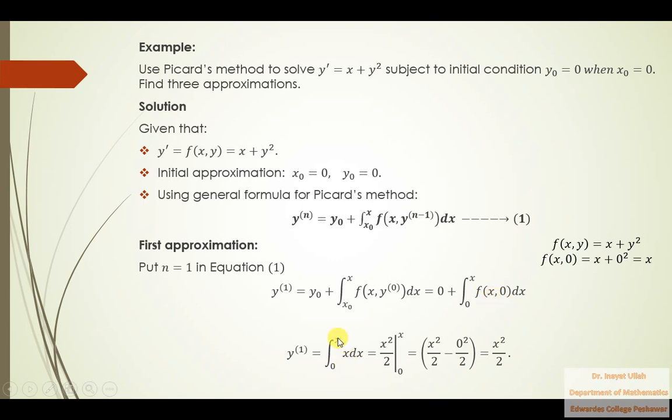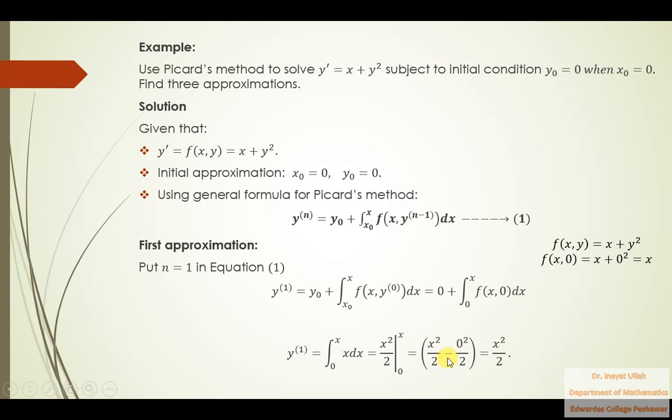Now we need to find the integral of x, and we know by the formula that integral of x power 1 is x power 1 plus 1 by 1 plus 1, so that is x power 2 divided by 2. Put a straight line on the right hand side and put these limits from 0 to x. First of all, replace x by the upper limit, so that will be x square by 2.